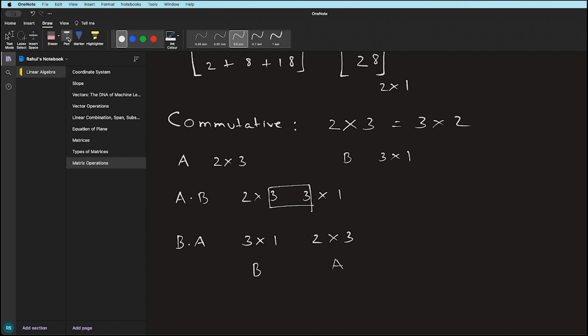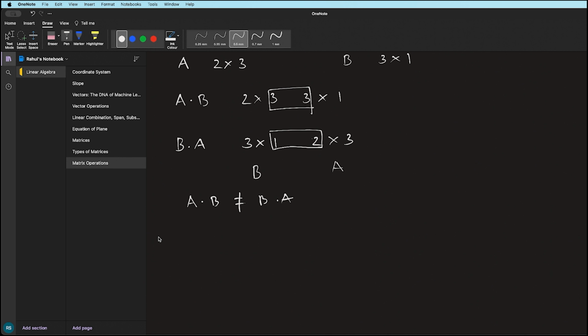So in this case, matrix multiplication is not valid because the number of columns of matrix B is not equal to the number of rows of matrix A. So multiplying matrix B with A, that is B dot A, becomes invalid. So we can say that A dot B is not equal to B dot A. So the commutative property for matrix multiplication becomes invalid. So it is not applicable.